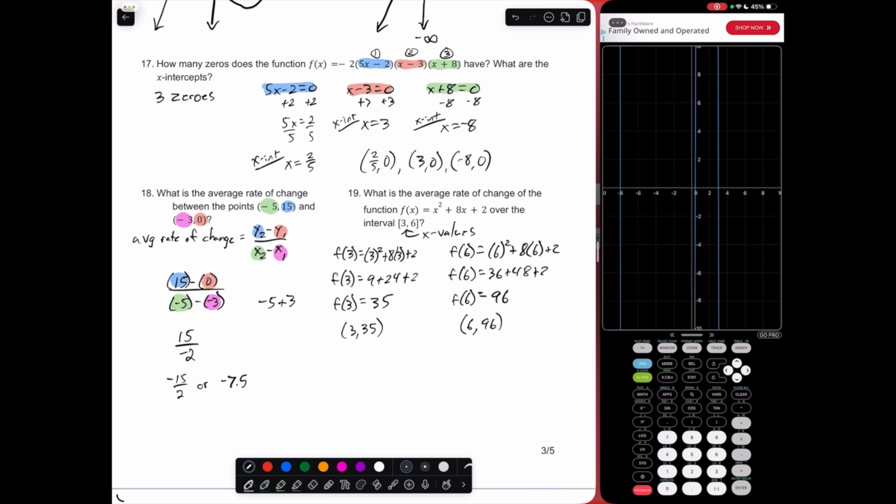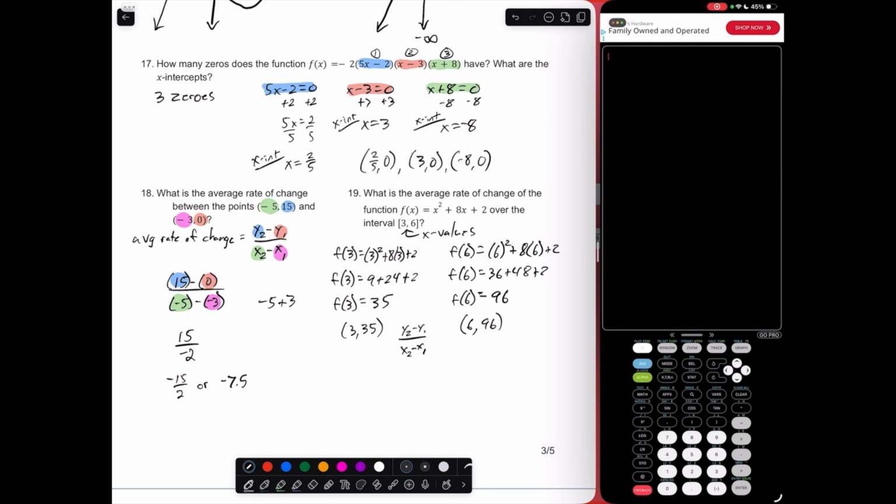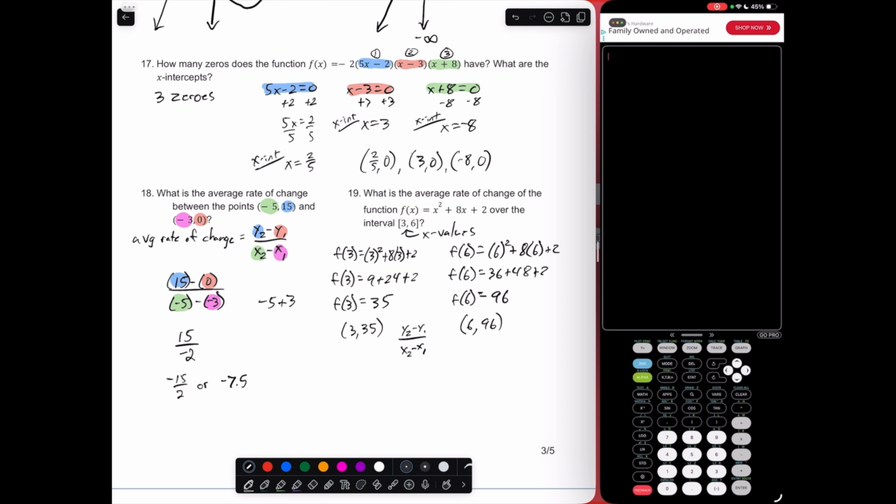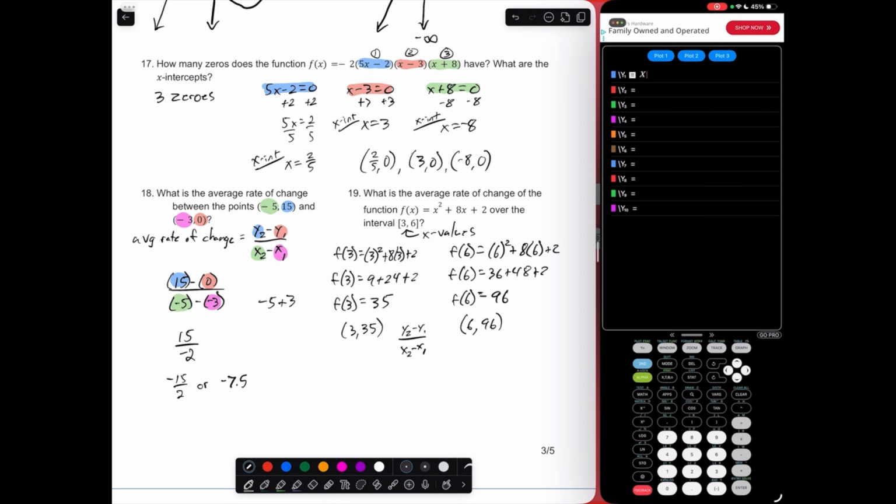Now that's what gets substituted into your y2 minus y1 over x2 minus x1 formula. And going back to the calculator, we can type in our function of x squared plus 8x plus 2.